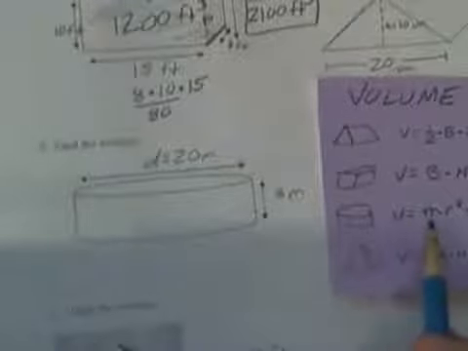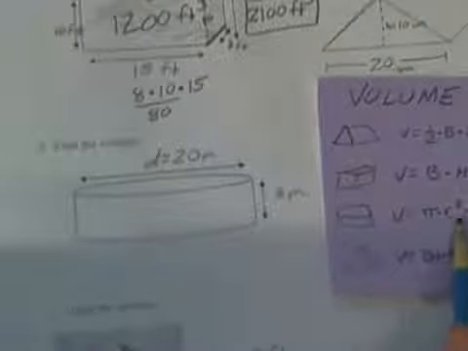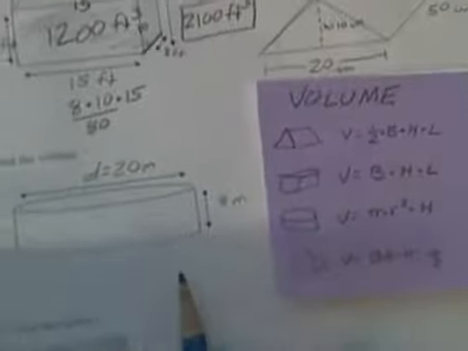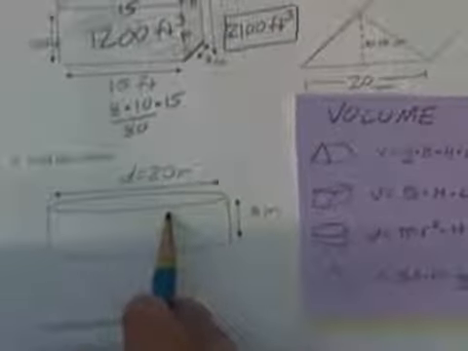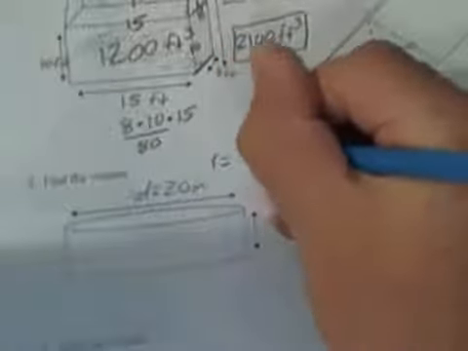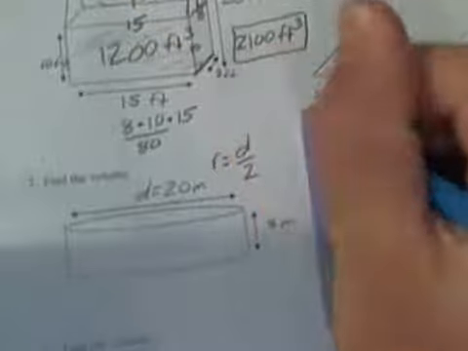Volume of a cylinder. Volume of a cylinder is volume equals pi times the radius squared times our height. So our radius squared, in this case we give you the diameter. You all from class know that radius equals diameter divided by 2.